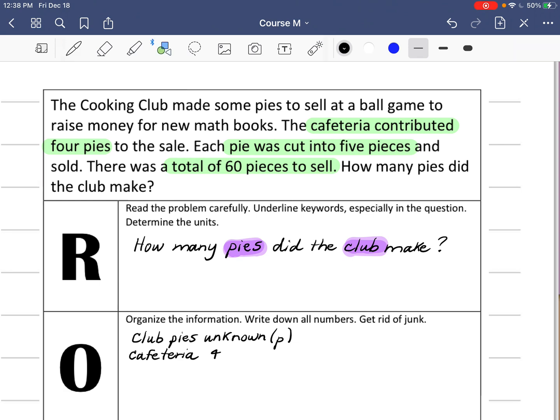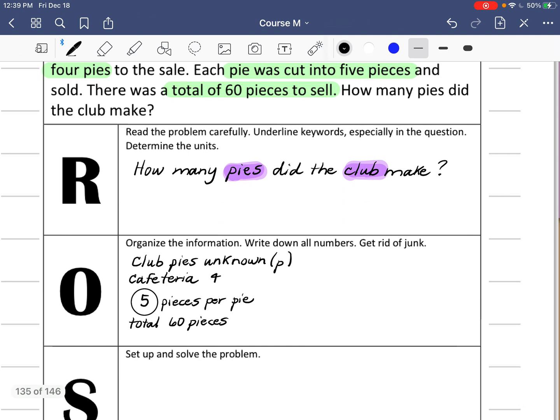We know that 1 pie, and I'm going to do this a little differently, 1 pie was cut into 5 pieces. So 5 pieces per pie. And we know that there were a total of 60 pieces. So that's an equals. Total, that's a keyword for equals 60. So we know that the club plus the cafeteria made up these 60 pieces.